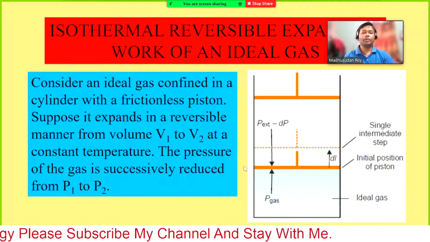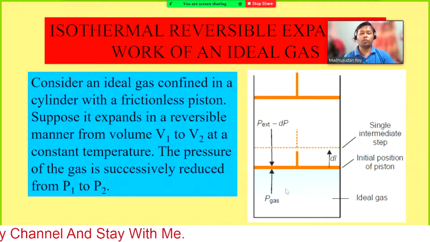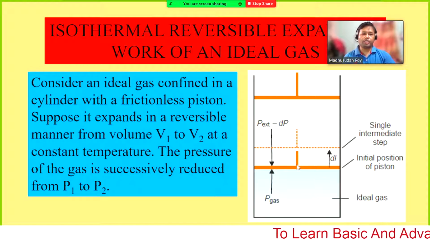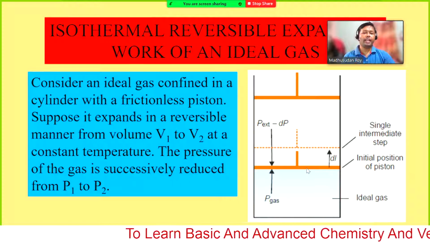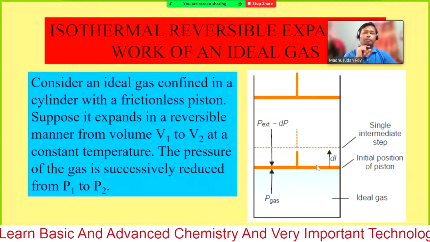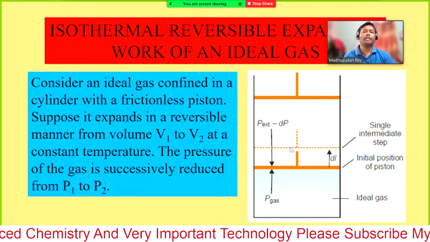Otherwise, due to a difference in temperature, energy can flow from inside to outside easily. So we are considering an ideal gas confined with a frictionless piston, and the volume of the gas is expanding from V1 to V2 by an infinitesimal change in volume.